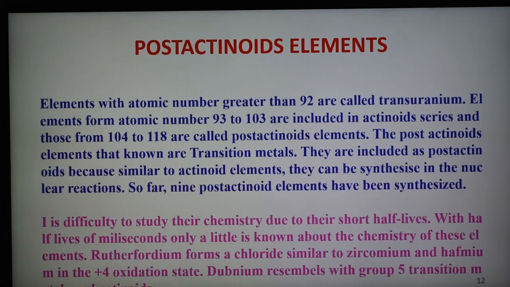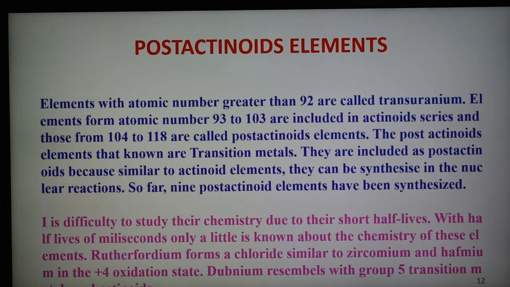And as we know, elements in the periodic table were found up to Lawrencium. But now, in the case of post-actinoid elements, some elements have been discovered and symbols have been given.